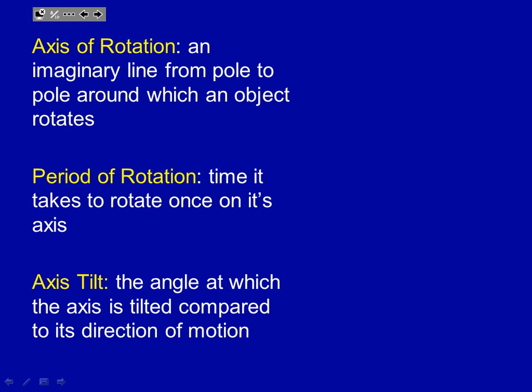Axis of rotation. So the Earth, not only does it orbit, but the Earth rotates on an axis. I'm going to draw a picture for the first two, and then I've got a separate picture for the bottom one.